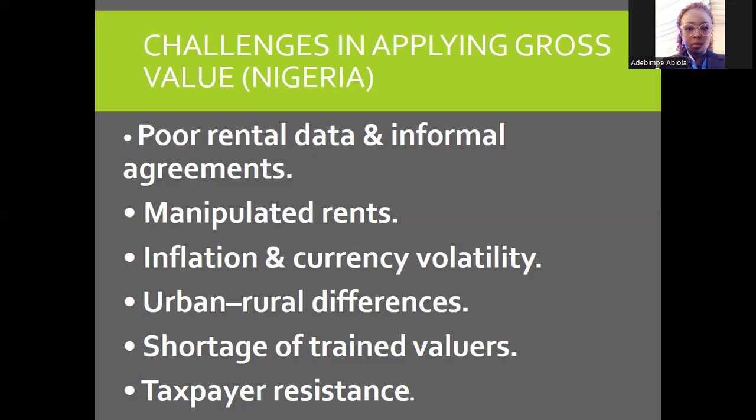And also the capacity gap. I said it earlier, in a situation whereby a consultant is saddled with that responsibility and the staff strength is low, how do you partner with other firms in order to get more hands?